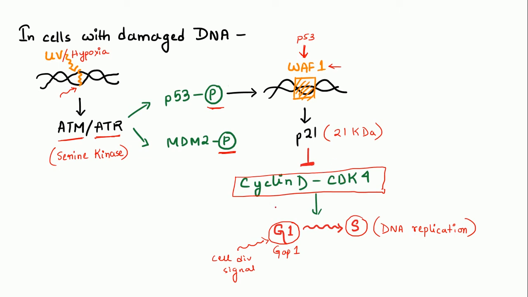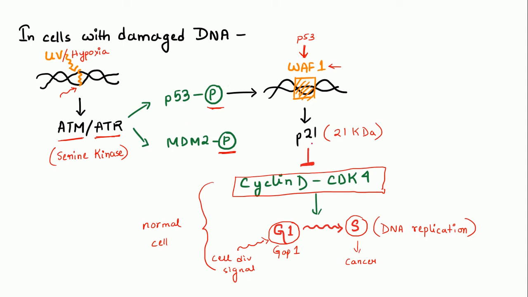Now in a normal cell, this is the thing. So this is happening in a normal cell. When there is a cell division signal, the cell transits from G1 to S. Now when there is damage in the DNA, that DNA, if it is replicated and moves into the daughter cells, that might lead to complications like cancer, because certain genes may be mutated because of the damage.